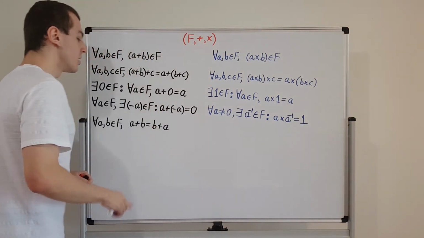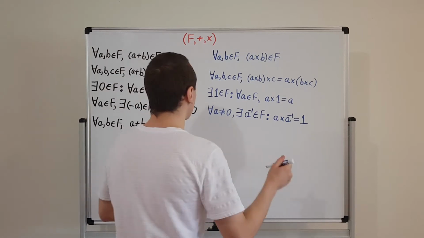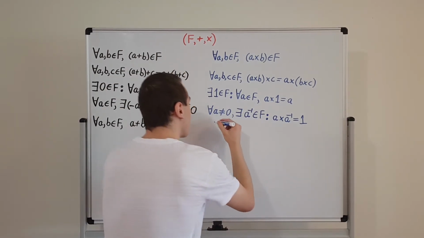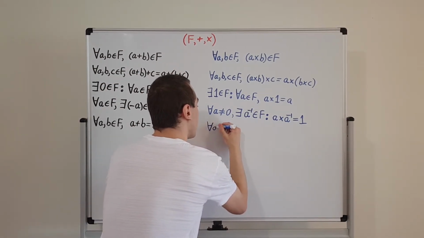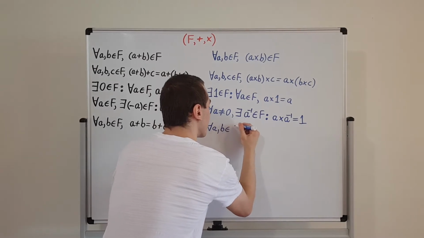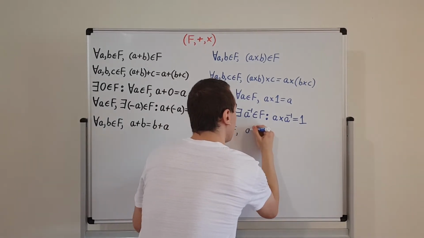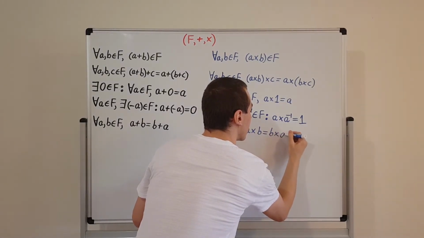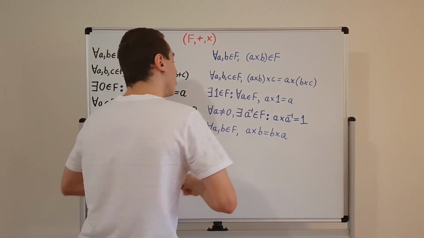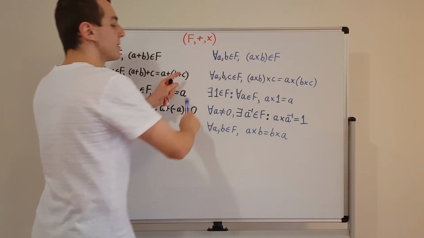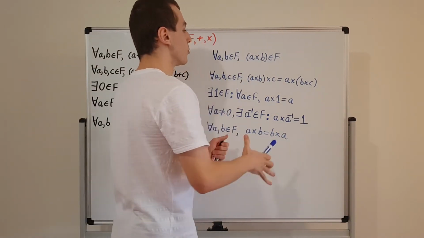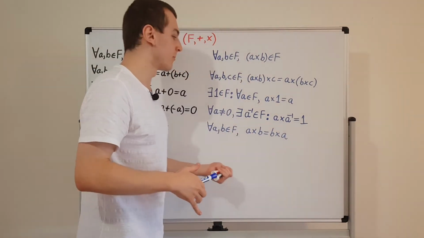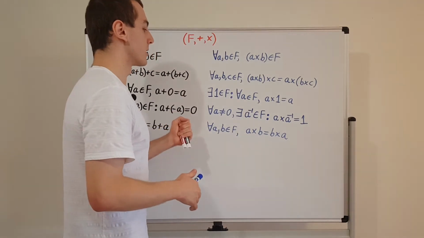Now, we also want commutativity. So I'm going to write down commutativity over here. And so what we have is for all a and b in the field, we want a times b to equal b times a. So now we have, in these blue axioms over here, a group, and it's a commutative group. It's an abelian group, in other words.